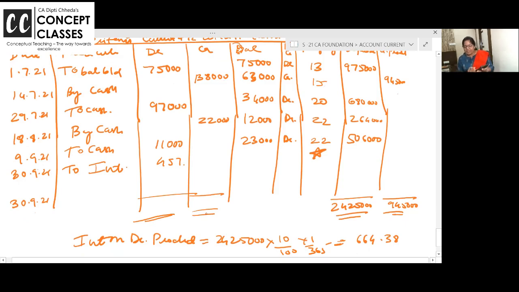All right. Now you balance the ledger. Credit side total is 160 and debit side total is 75 plus 97 plus 11,000 plus 4. Yeah, it's more: 183,457 minus 160 is the credit side total, 23,457.